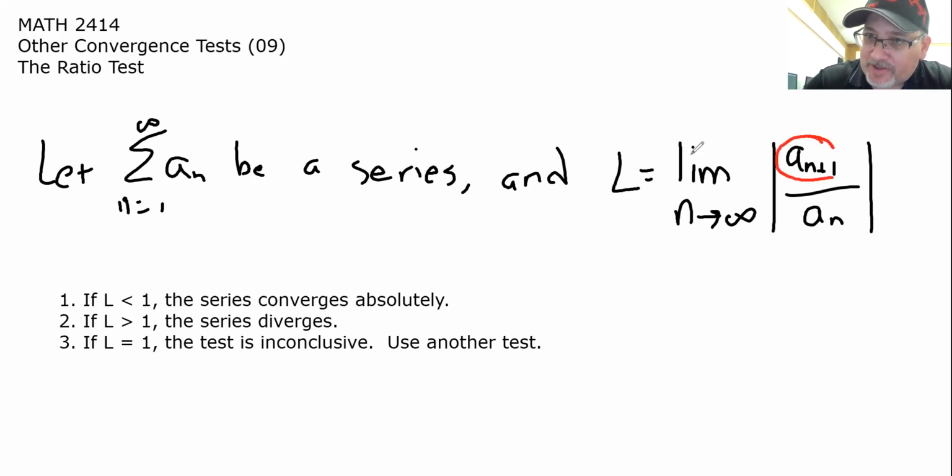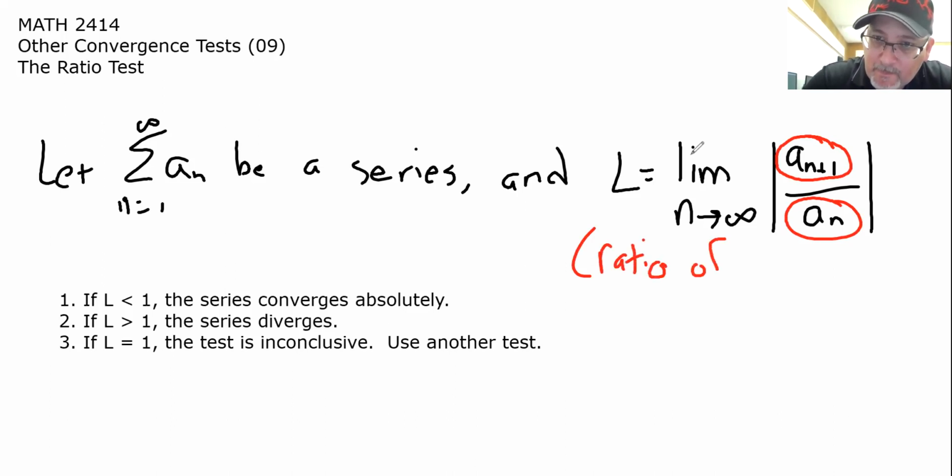When you see something like this, you're basically saying we're going to let n be replaced with n plus 1. The best way to think about this is that this is the ratio of consecutive terms.